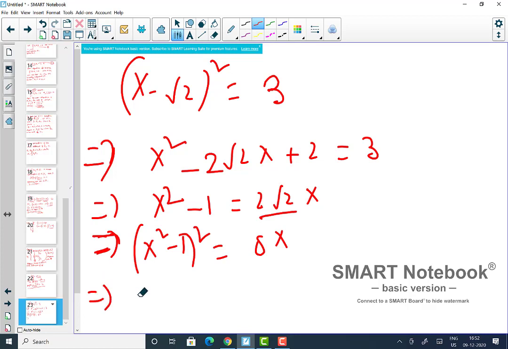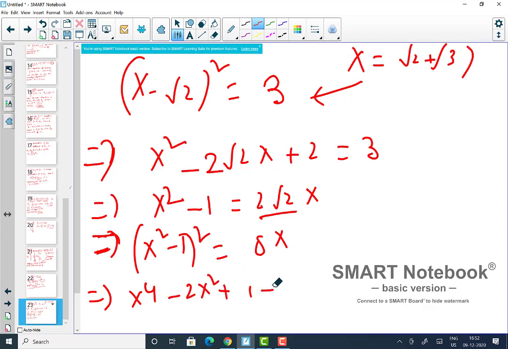And this will give you x to the power 4. So you understood that if x equals root 2 plus root 3, then it satisfies this equation. Go on, so this gives you x to the power 4 minus 2x square plus 1 equal to 8x square. So what does that mean?